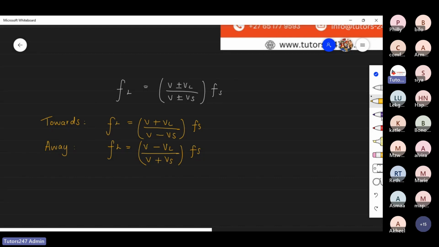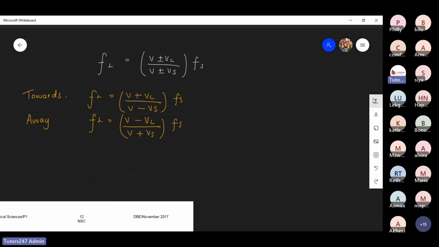So keep in mind, if we have an object, let's state this is our object, okay? Now, if we are passing this object, let's say from left to right, as we move towards the object, we are moving towards, therefore plus on top, minus at the bottom. Once we pass that particular object, we are then moving away from the object. So minus on top, plus at the bottom.